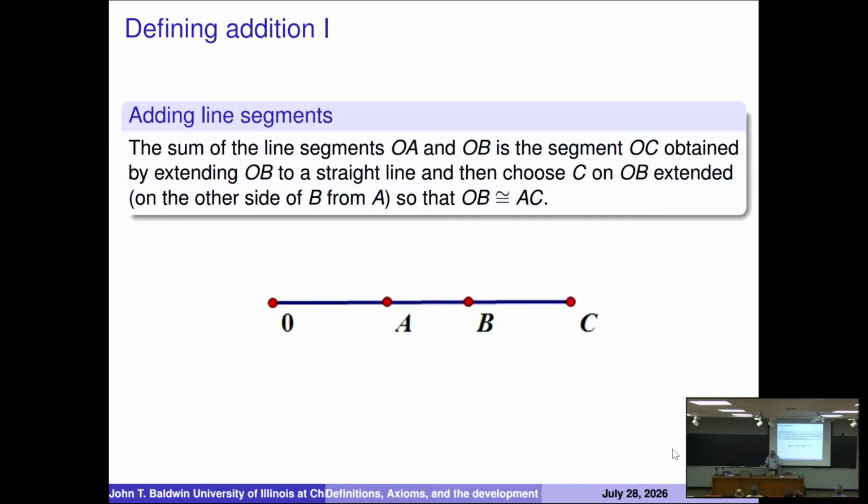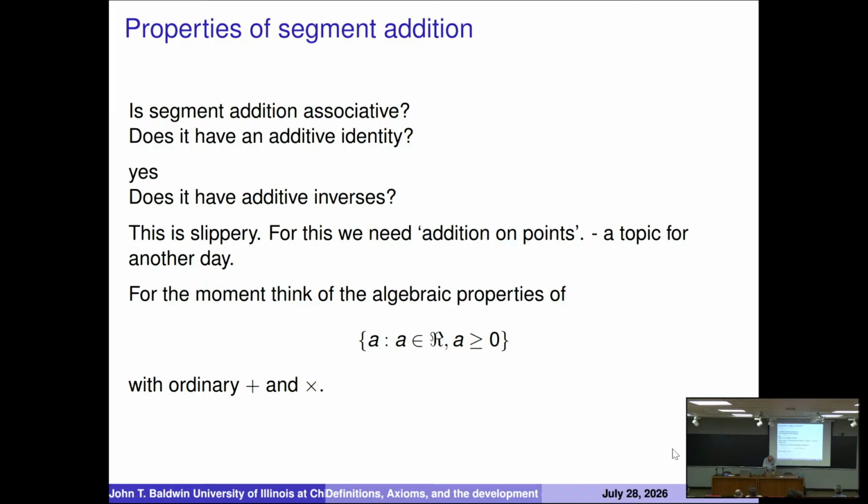So adding line segments is easy, right? You have 0 and AB, and you just move 0B to AC, and that's the sum. Then 0C is the sum. If we are just doing this with the positive segments, then we don't have subtraction. We don't have additive inverses, right?